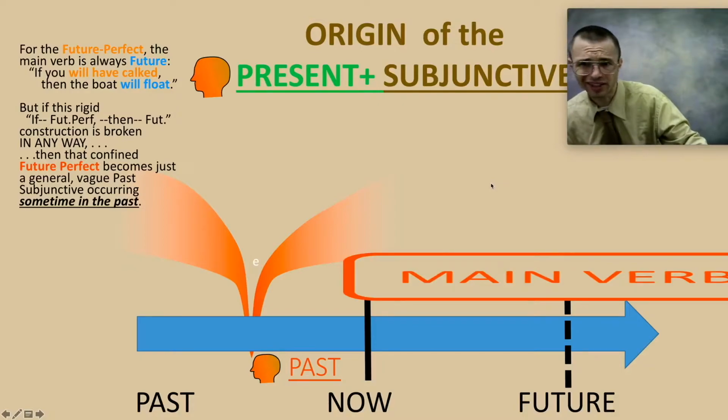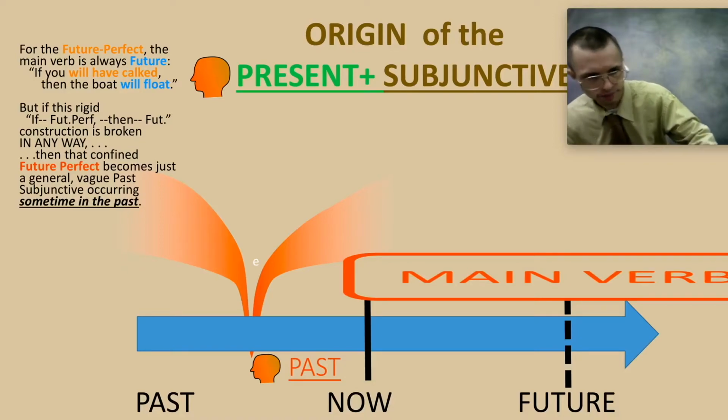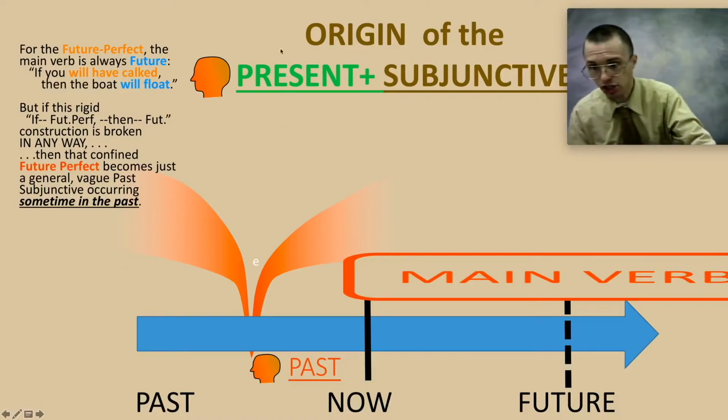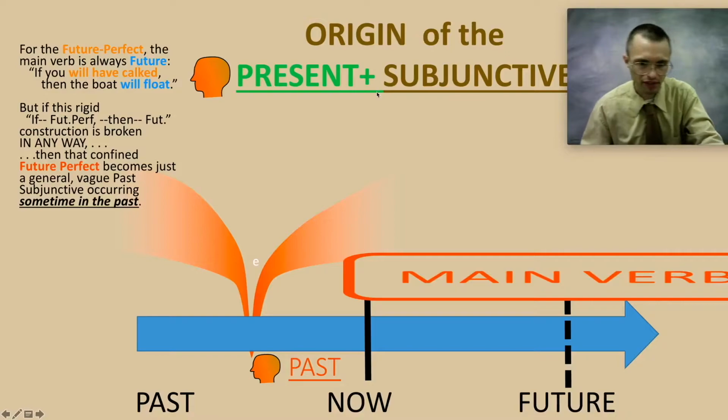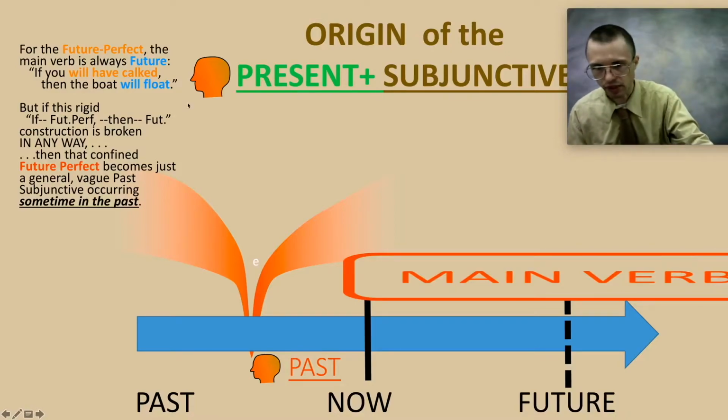So I don't like the name perfect, because it conveys looking in the wrong direction. That's why I changed the name of this tense to the present backward-looking subjunctive.